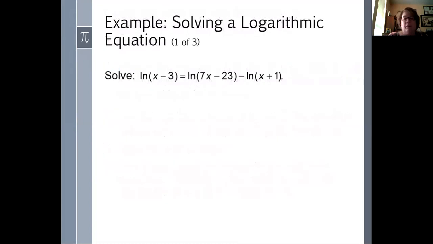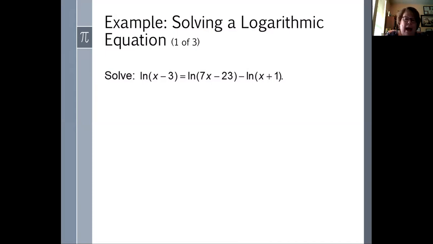Okay, so we're going to solve the natural log of x minus 3 equals the natural log of 7x minus 23 minus the natural log of x plus 1. Now, you can handle this a couple of different ways.